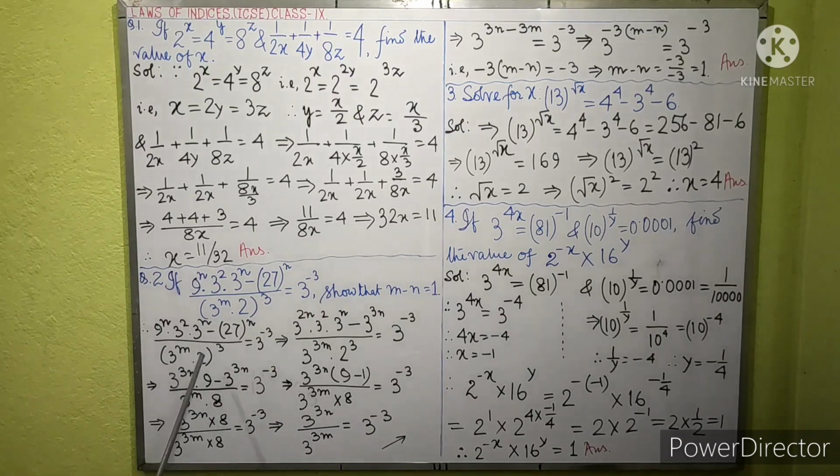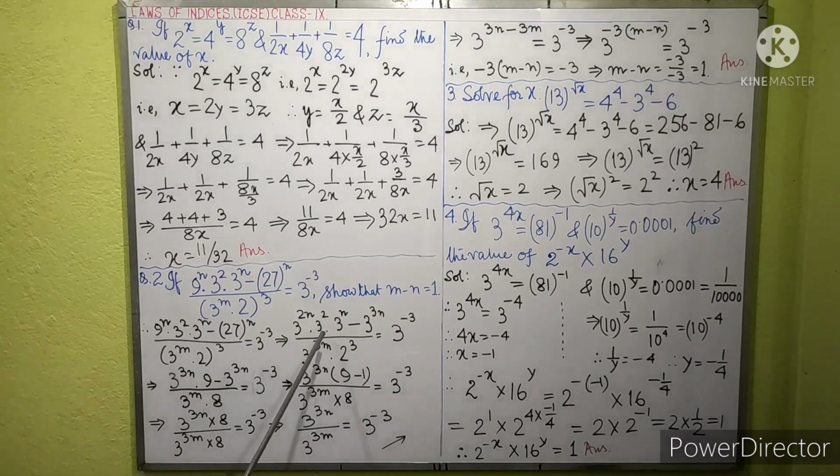It is given that 9 to the power n is 3 to the power 2n, into 3 squared, into 3 to the power n, minus 27 to the power n, so it is 3 to the power 3n, divided by 3 to the power m into 2 to the power 3, that is 2 cube, and this equals 3 to the power minus 3.